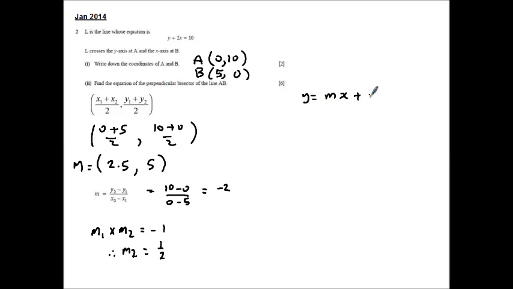Now, work out the equation of the line. We can use y equals mx plus c and substitute. Y value is 5. Gradient is equal to a half. And our x value is 5 over 2. Now it's a non-calculator paper, so just be careful evaluating the c value.